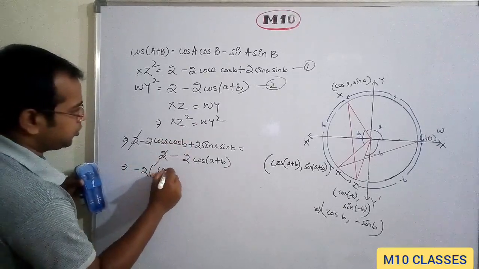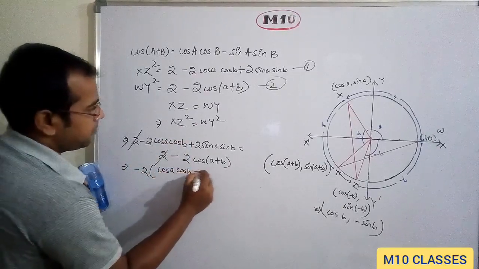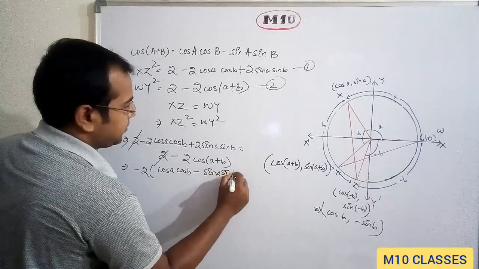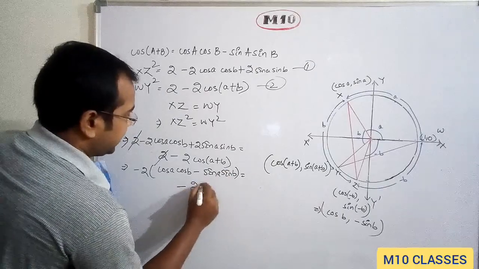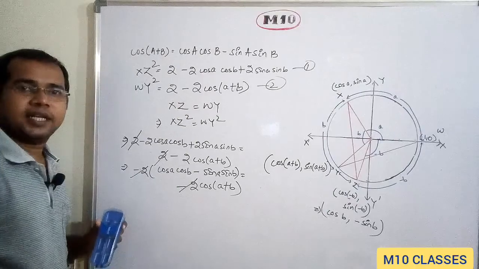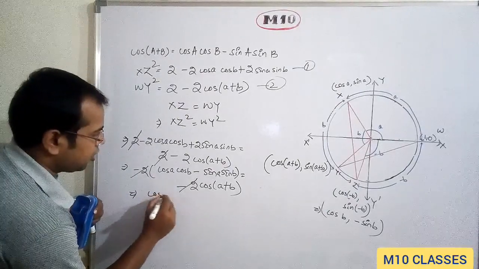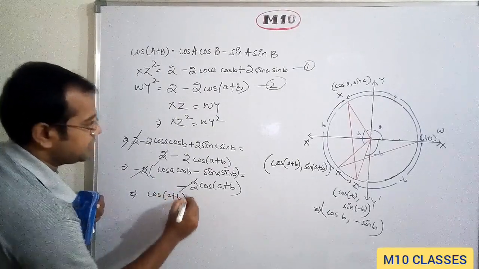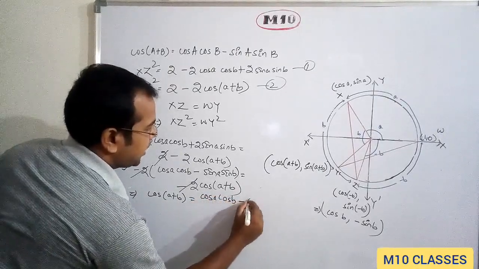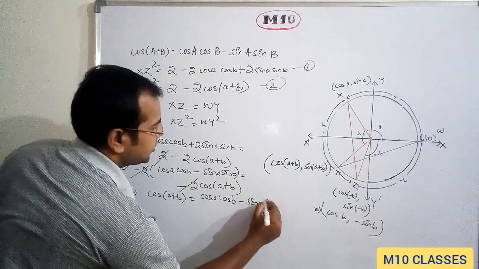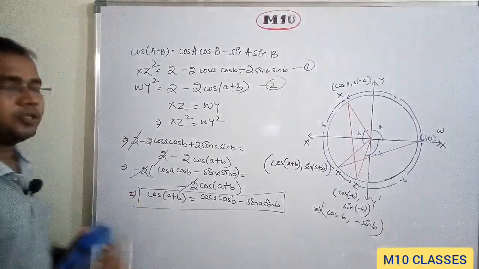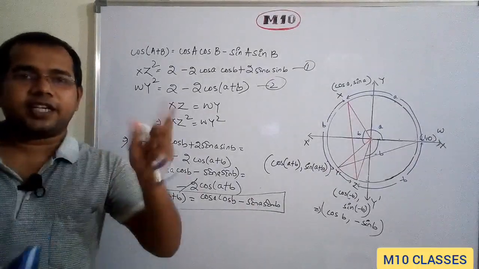Minus 2 times (cos a cos b minus sin a sin b) equals minus 2 cos(a plus b). So minus 2 will be cancelled. So what are you getting here? Cos(a plus b) is equal to cos a cos b minus sin a sin b. Proved? So this is proved. So the first identity is proved.